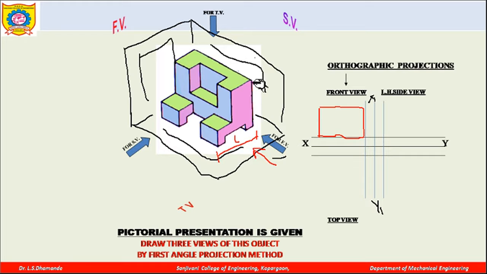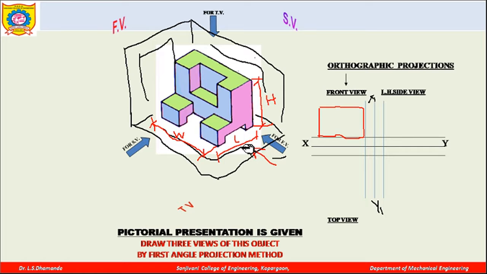Then I measure the total height, which I mark as h, and this distance is the width of the object. So we have marked the maximum dimensions of length, height and width of this object.